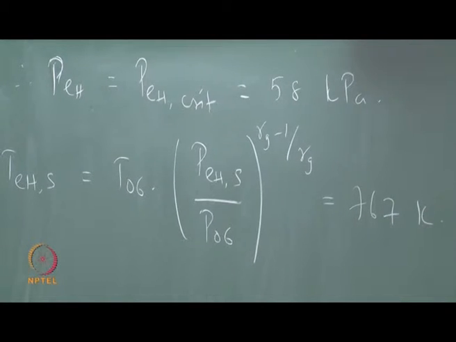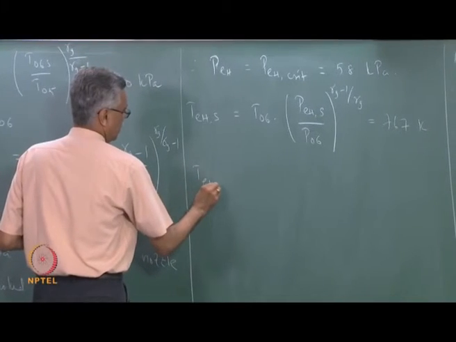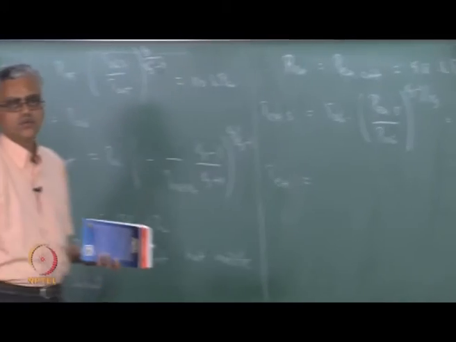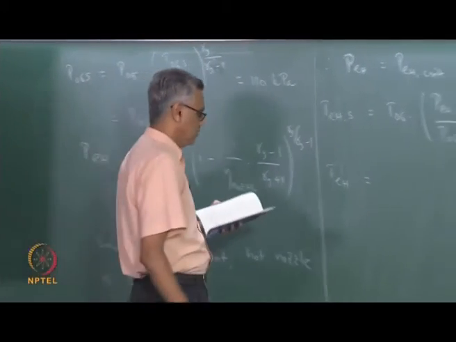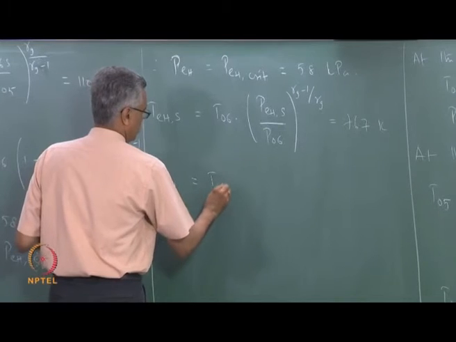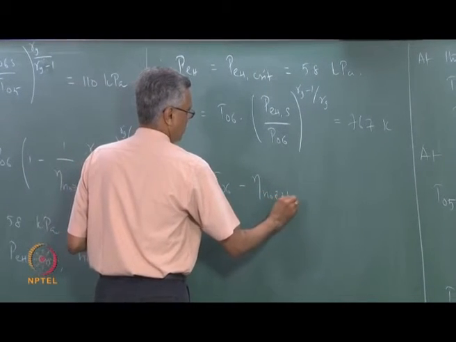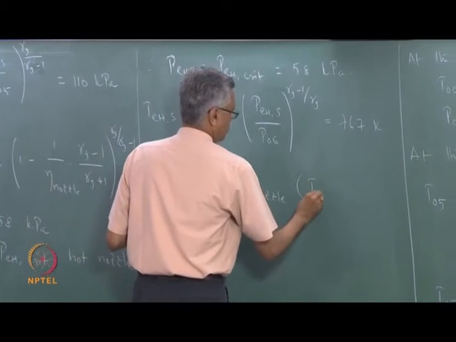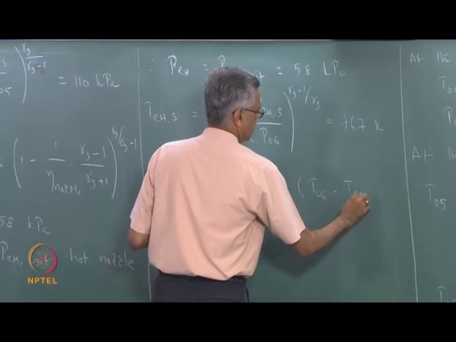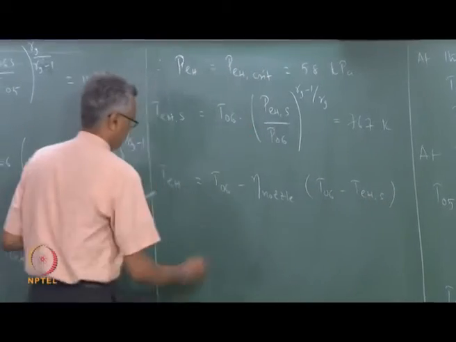Once I have this, I can evaluate TEH by using the definition of the isentropic efficiency of the nozzle. So TEH is equal to T06 minus eta nozzle times T06 minus TEHS.